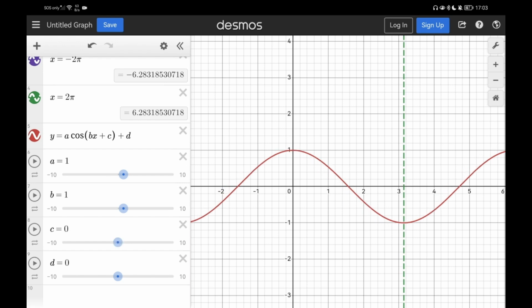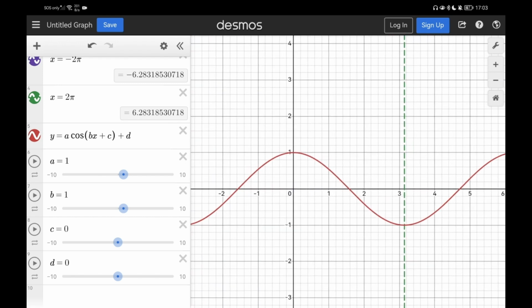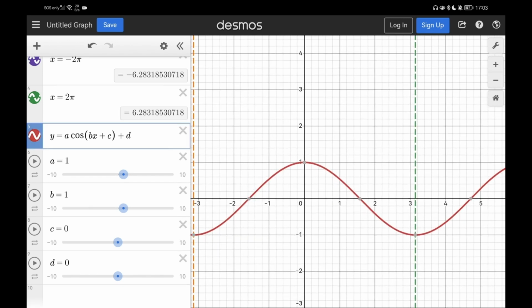So now is the visualization of the reflection for the cosine function. Let's start from the reflection on the x-axis. Reflection on the x-axis means that their y range will reflect, which means that the value of cosine over here will reflect to negative.